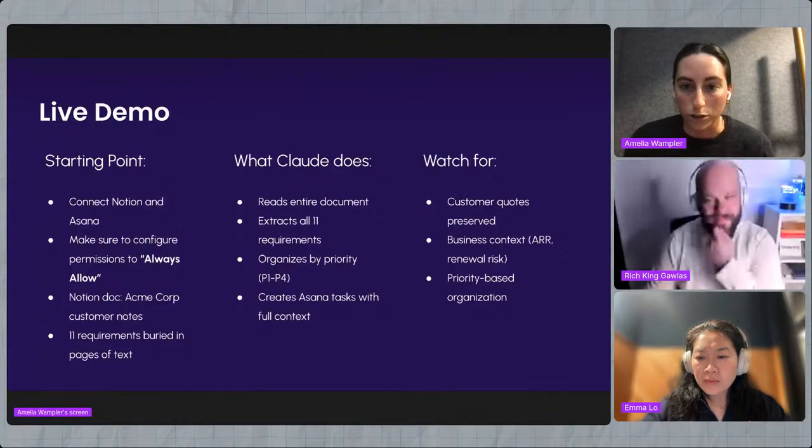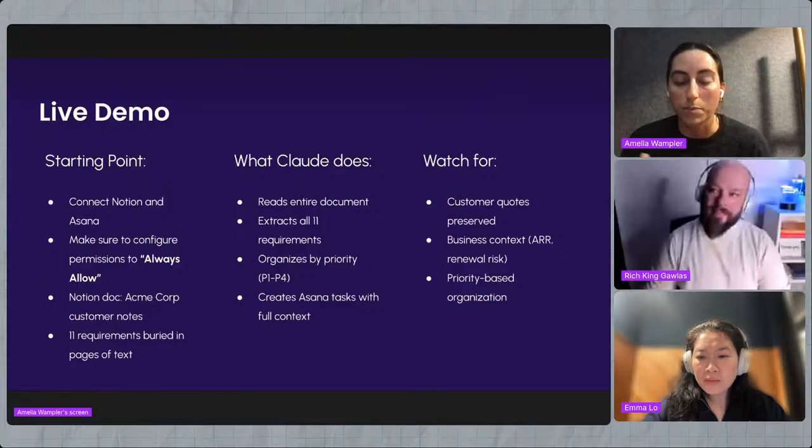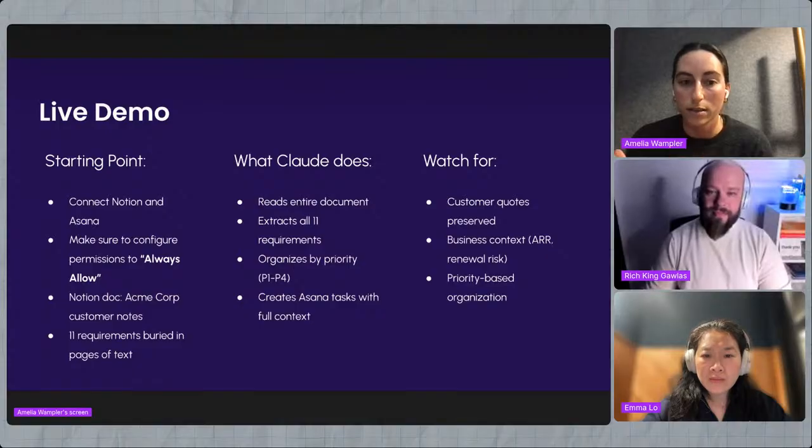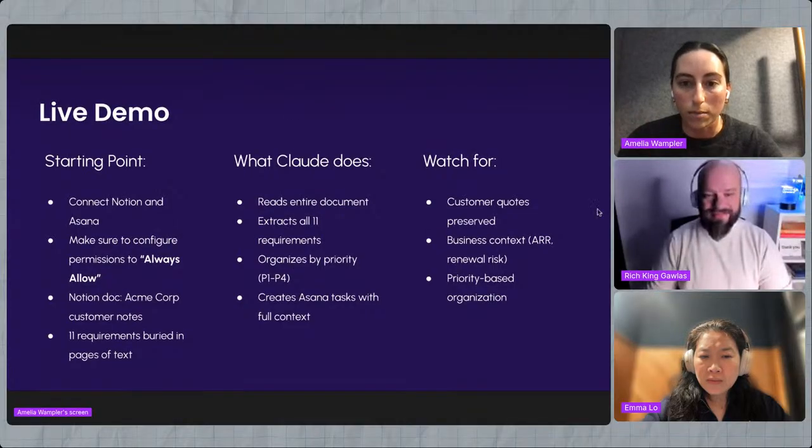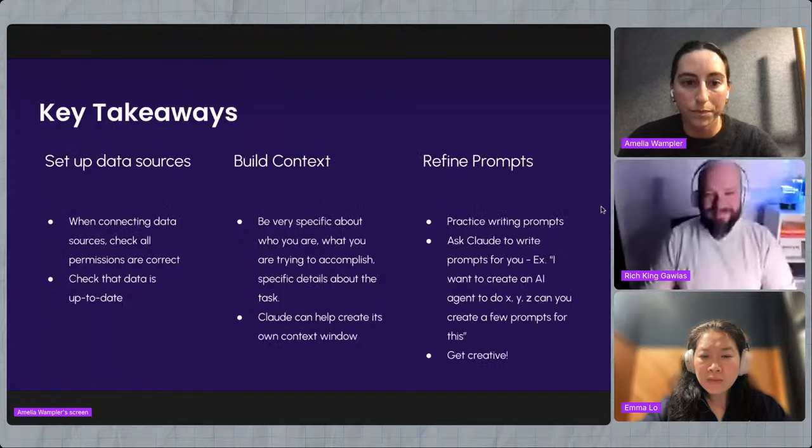Please update my Notion document, and then update the corresponding Asana task with this feedback, and it'll actually go through and adjust everything. It has the context needed to do that. So then that significantly cuts down on my work that I need to do.